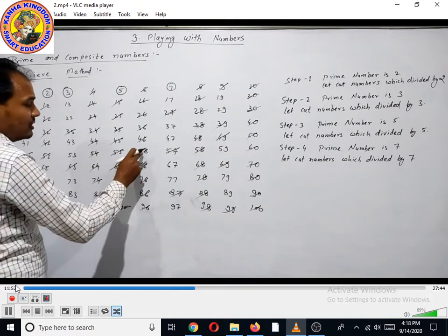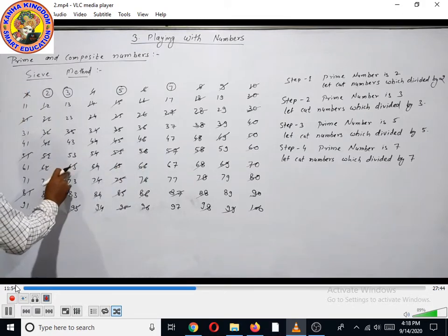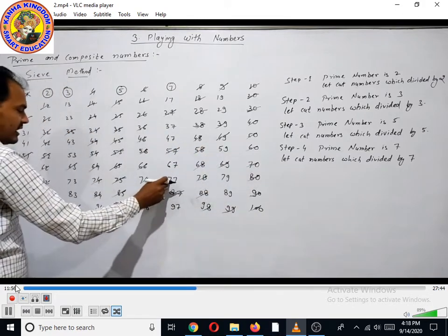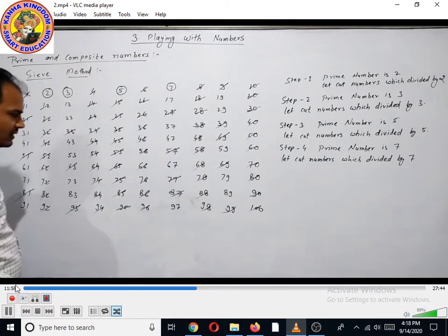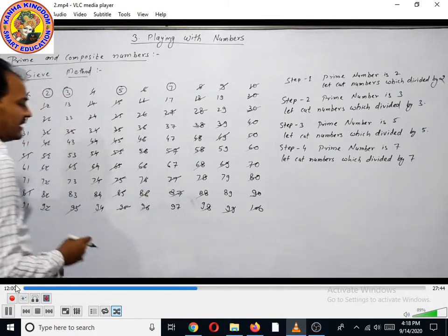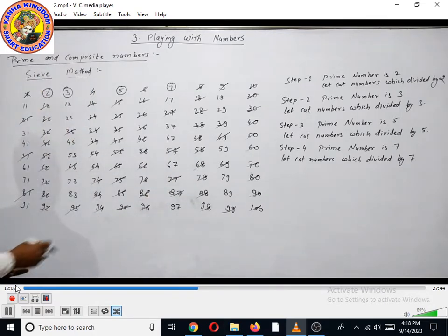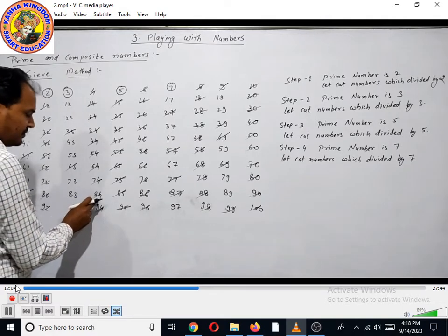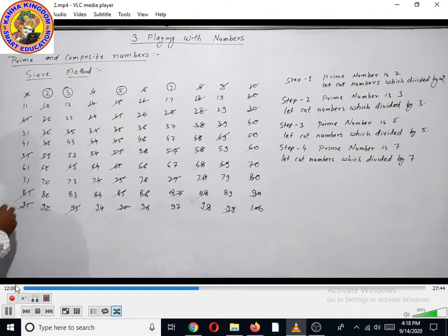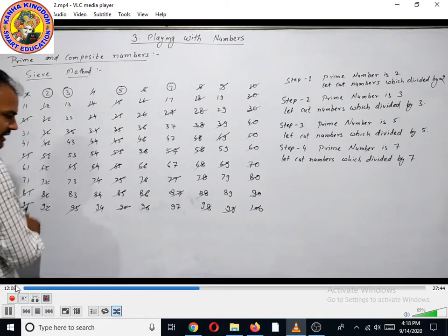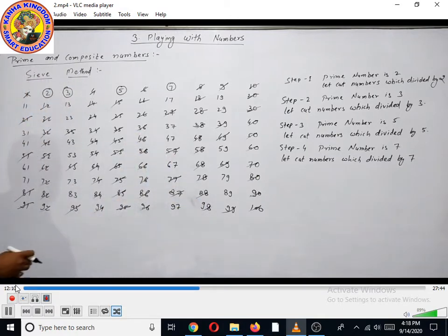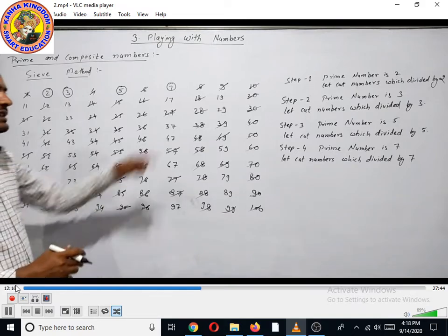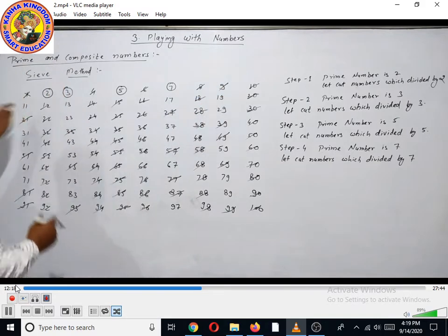After 49, 56, 63, 70, 77. Now after 77, 84, 91, 98. So we cut all the numbers which can be divided by 7. Now the next numbers are 8, 9, 10, 11. This is our 11.